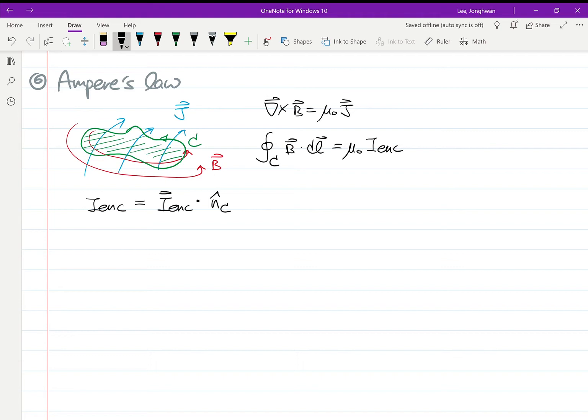And here n_C hat means the normal vector n of your Amperian loop C. So whenever you have loop C, and you have clarified the direction, you can define the normal vector to that closed loop C using the right-hand rule.